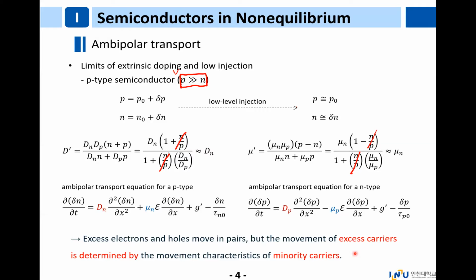Understanding ambipolar transport involves recognizing that electron and hole pairs move in accordance with the characteristics of the minority carriers, as revealed by solving the ambipolar transport equations.